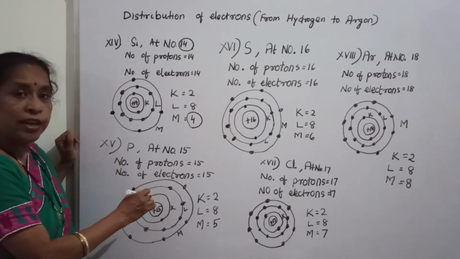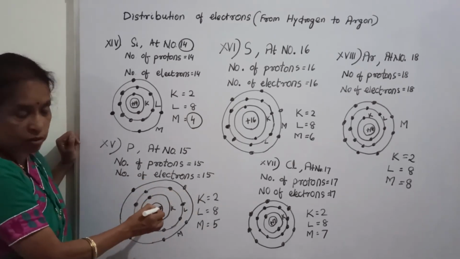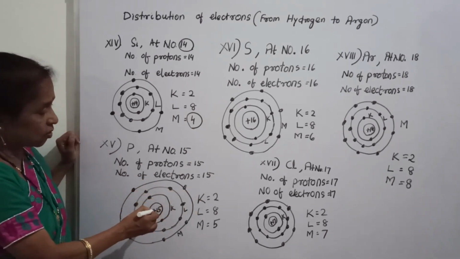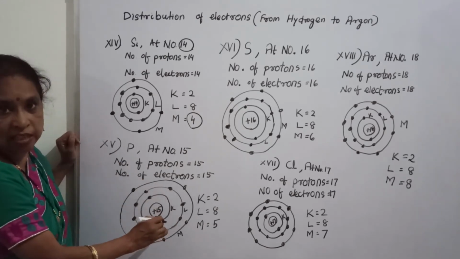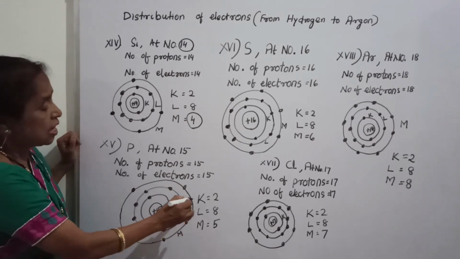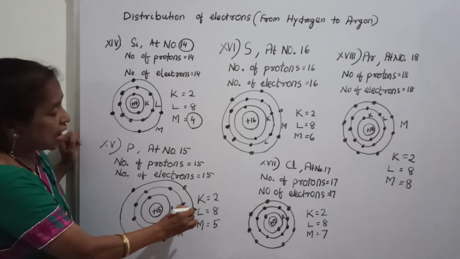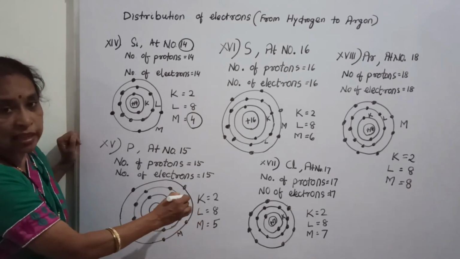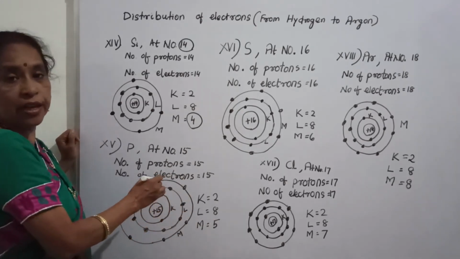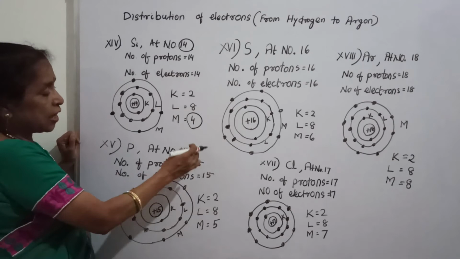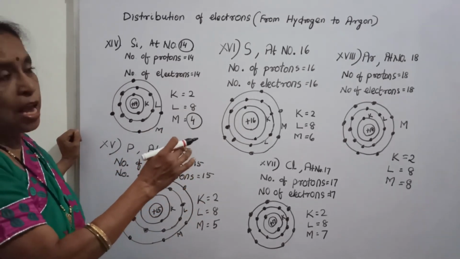Now according to the formula for maximum electrons, K shell has 2 electrons, L shell has 8 electrons, and the remaining 5 electrons should go to the M shell. What is the electronic distribution? K shell equal to 2 electrons, L shell equal to 8 electrons, and M shell has 5 electrons. So similarly here 15 electrons are arranged in K, L and M shells.